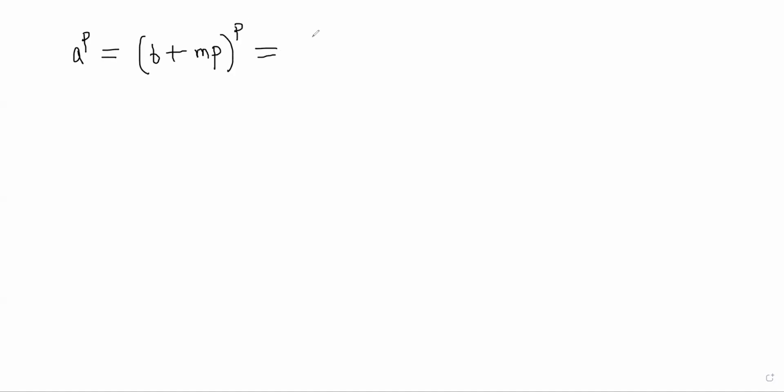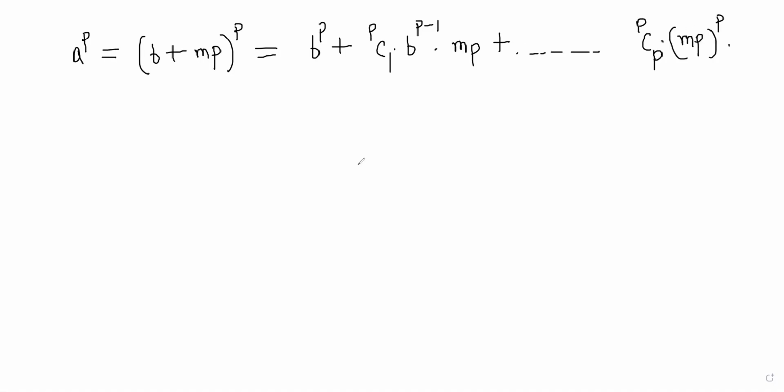And if you use binomial theorem here, it will be b power p plus pC1 b power p minus 1 mp, plus so on, higher powers, and you get pCp mp to the power p, right? So now you can see here that from the third term onwards, the power of p will be mp square, mp cube, and so on, right?